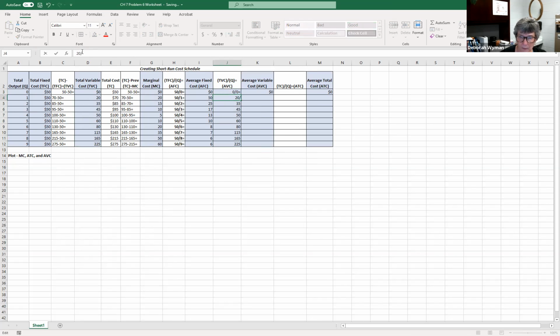20 divided by 1 equals 20. 35 divided by 2 equals 18 with rounding.